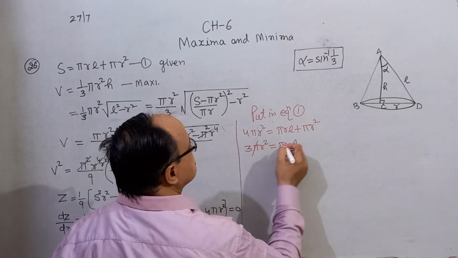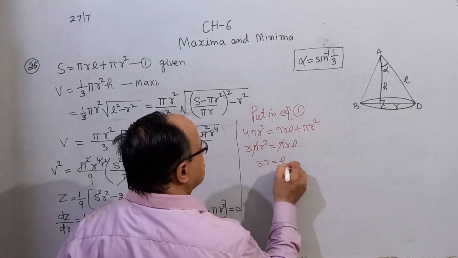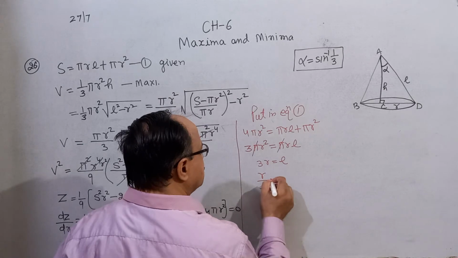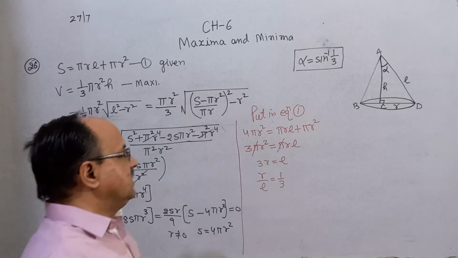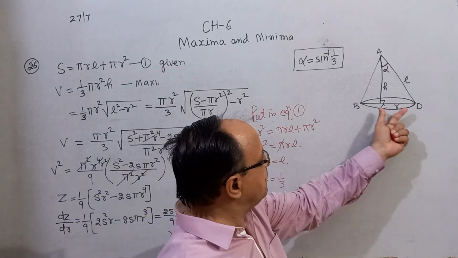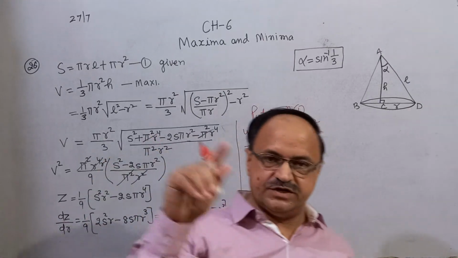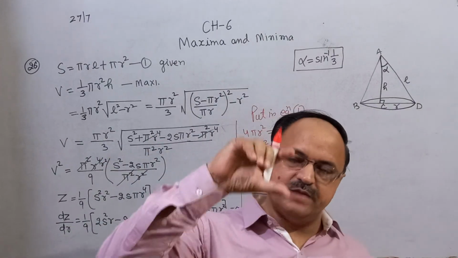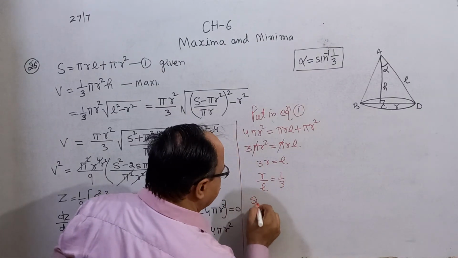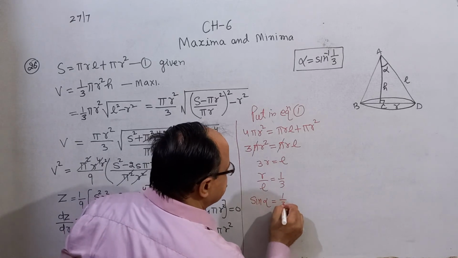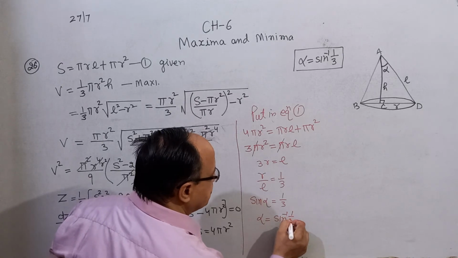Pi cancels with pi, R cancels with R, so 3R is equal to L, and R by L is 1 by 3. R is the perpendicular and L is the hypotenuse in the right angle triangle, and perpendicular by hypotenuse is sine. So sine alpha is 1 by 3, and the value of alpha is sine inverse 1 by 3.